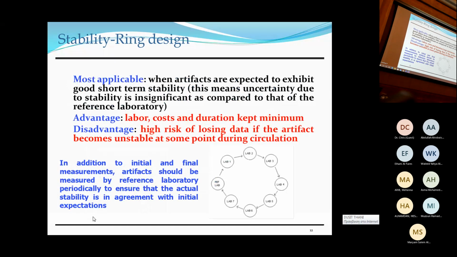The difference is an indicator of the stability of the transfer standard, and the sum is an indicator of the stability of the participants' reference standards. So there are variants to all of these systems, which are used in order to reduce the risk, really.